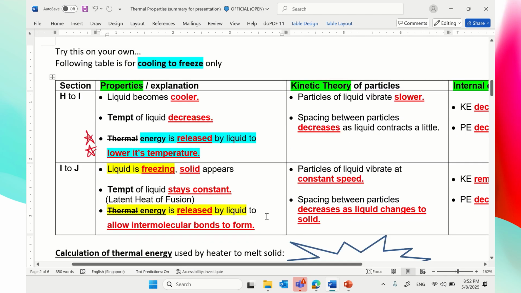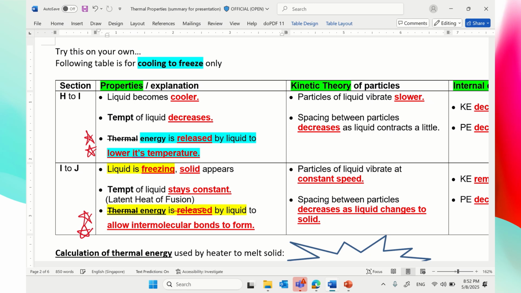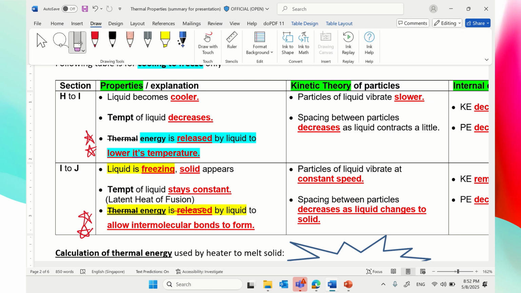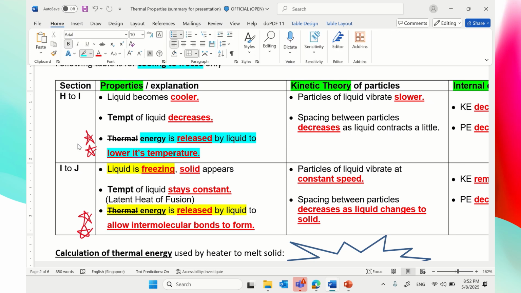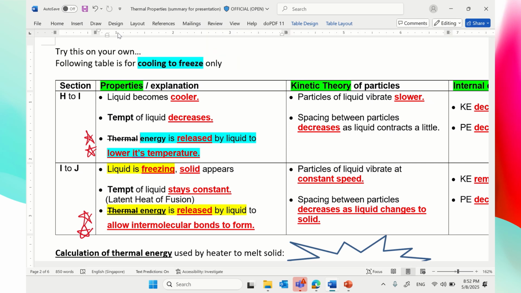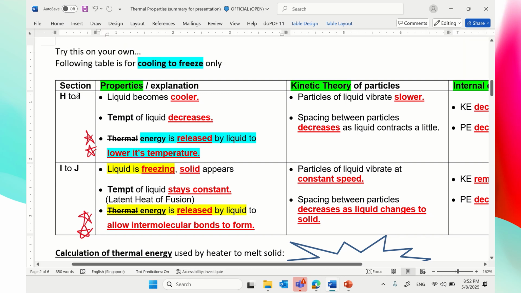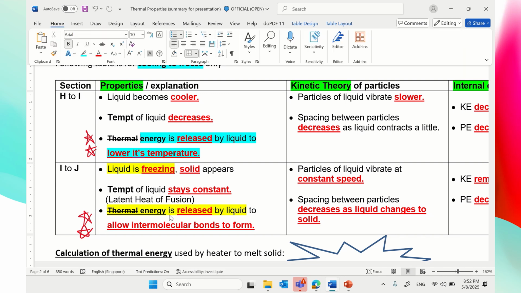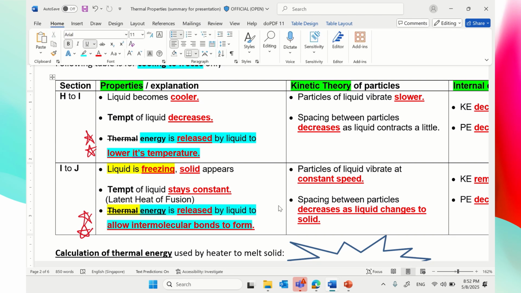Similarly, two stars here. This point also very important. This point here onward. Energy is released. Why, while energy is released, does the temperature remain constant?